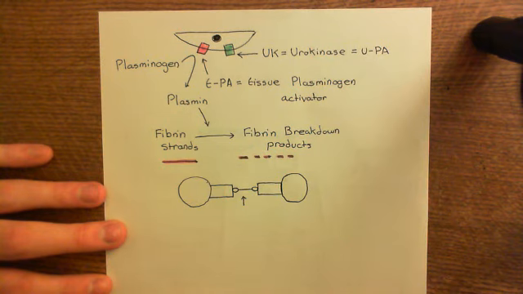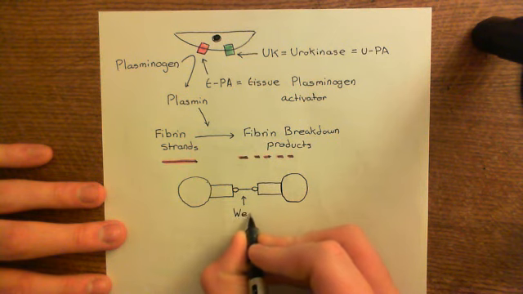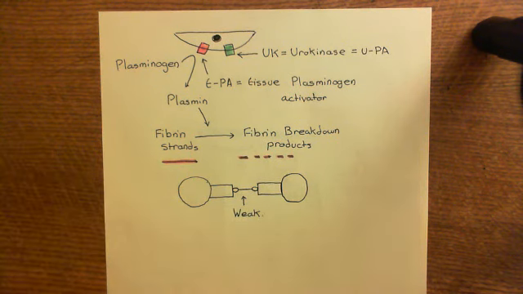So if you do actually create fibrin strands, if coagulation does get active, plasmin is going to always be there active to break down the fibrin strands into fibrin breakdown products, and this is going to stop the formation of thrombi. Okay, so that's the final mechanism that endothelial cells have for preventing thrombosis.